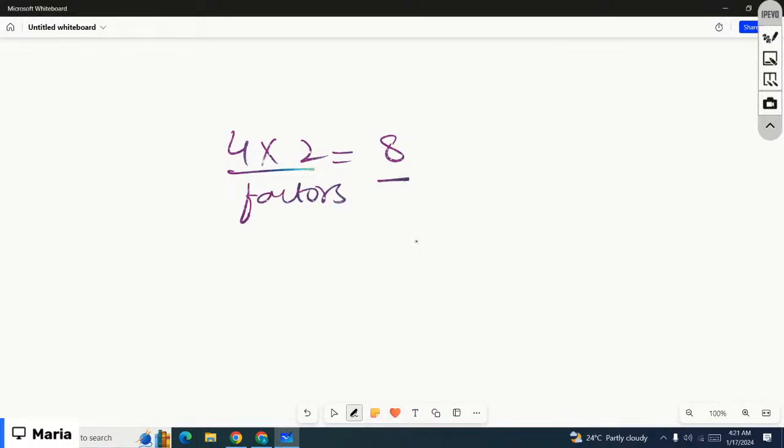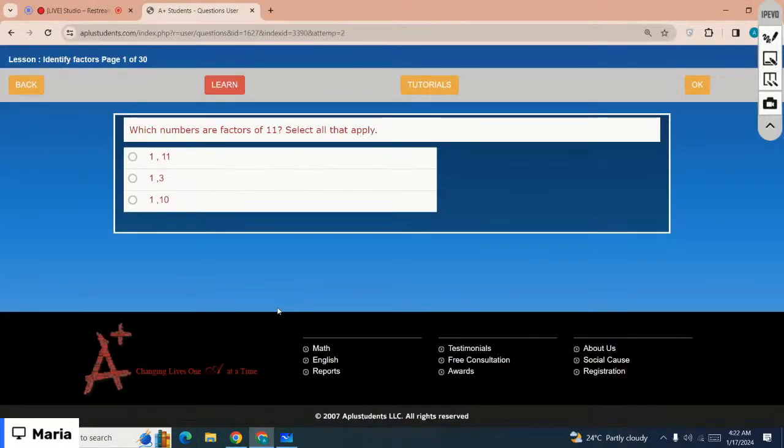Got it? So that is 4 times 2. 4 and 2 are the factors of 8. Got it? Okay, start with the first example. Which numbers are factors of 11? Select all that apply.